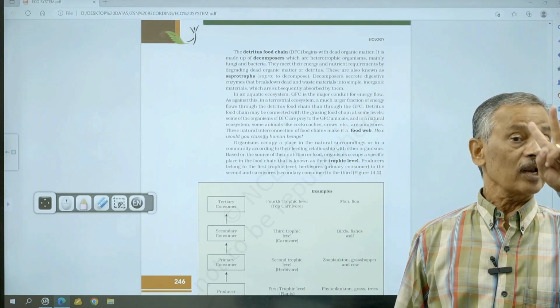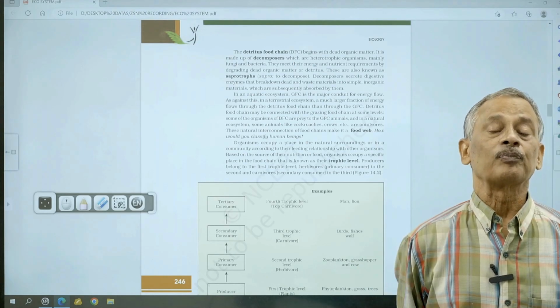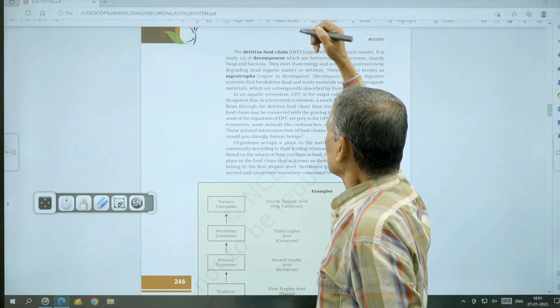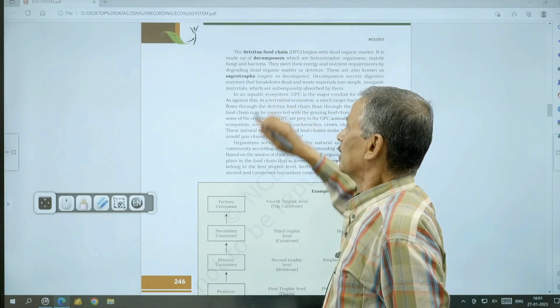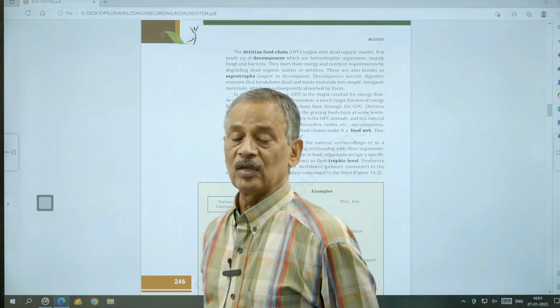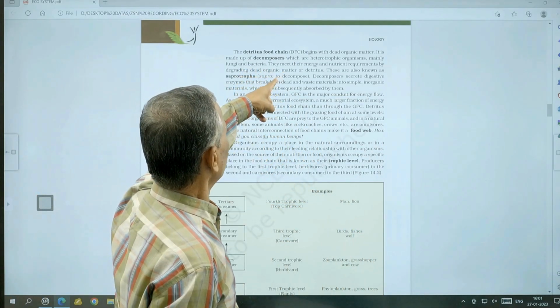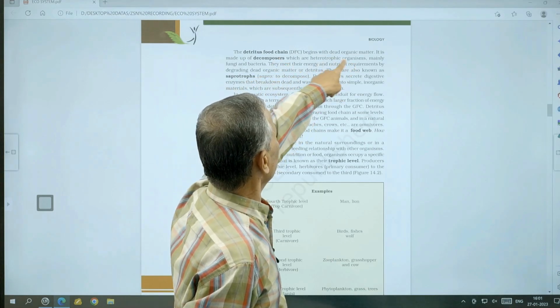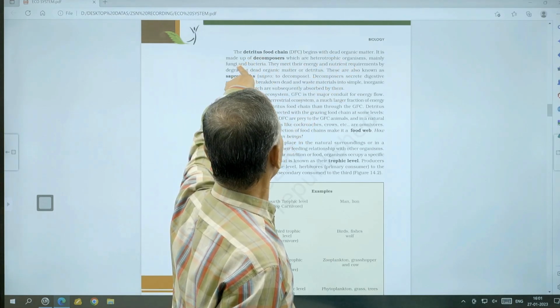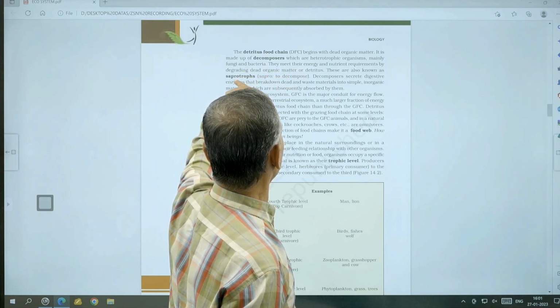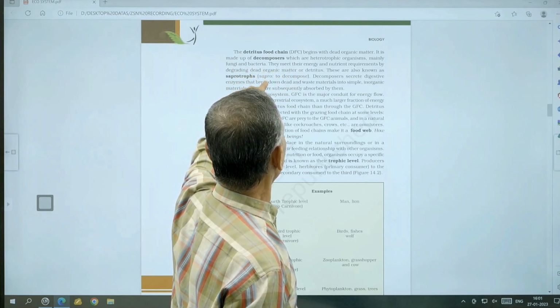See, there are two types of food chains: the detritus food chain and the grazing food chain. What is the detritus food chain, DFC? They begin with dead organic matter. The starting point is detritus. So it is made up of decomposers, which are heterotrophic organisms, mainly fungi and bacteria.